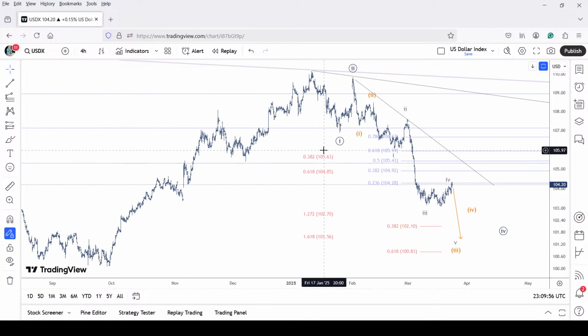All right, so coming back on the lower degree time frames, what we see on the chart is a minute degree wave 1 followed by minute degree wave 2, and then we've got minute degree wave 3 underway.